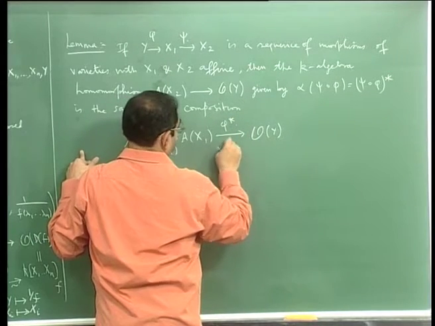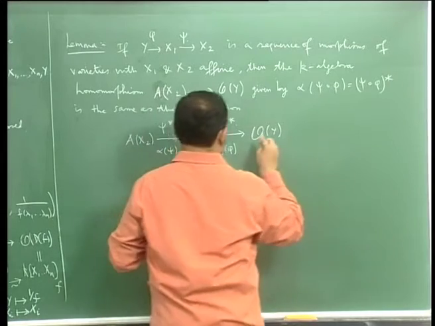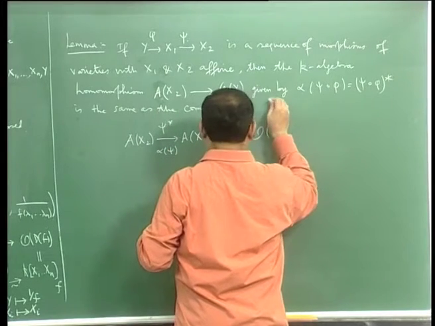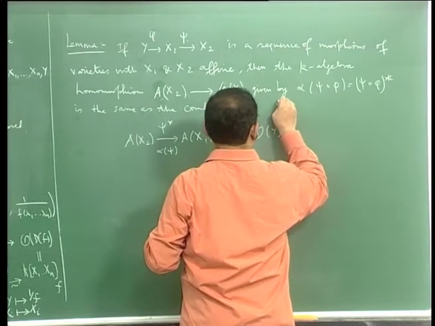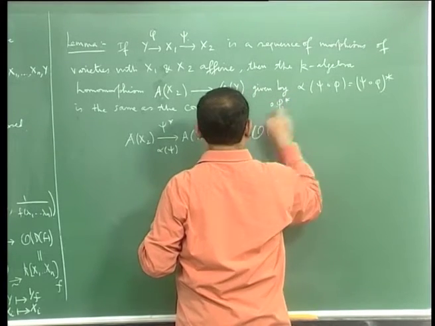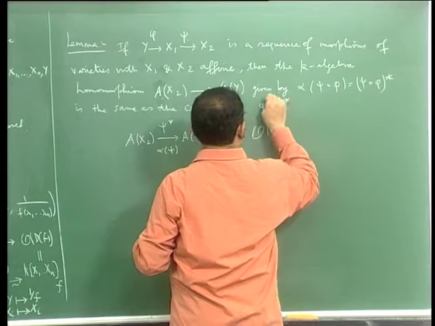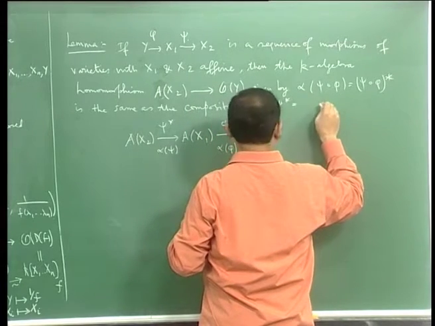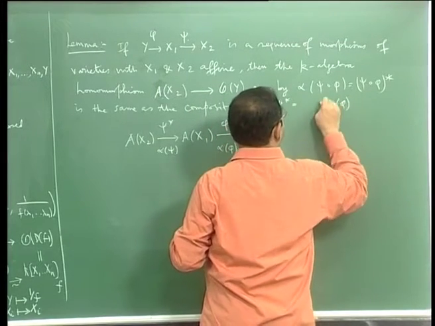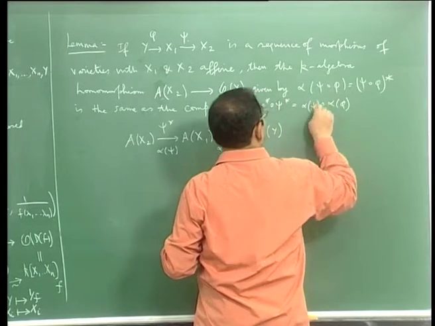So first apply psi upper star, then apply phi upper star, which is the same as first applying alpha of psi, then applying alpha of phi.